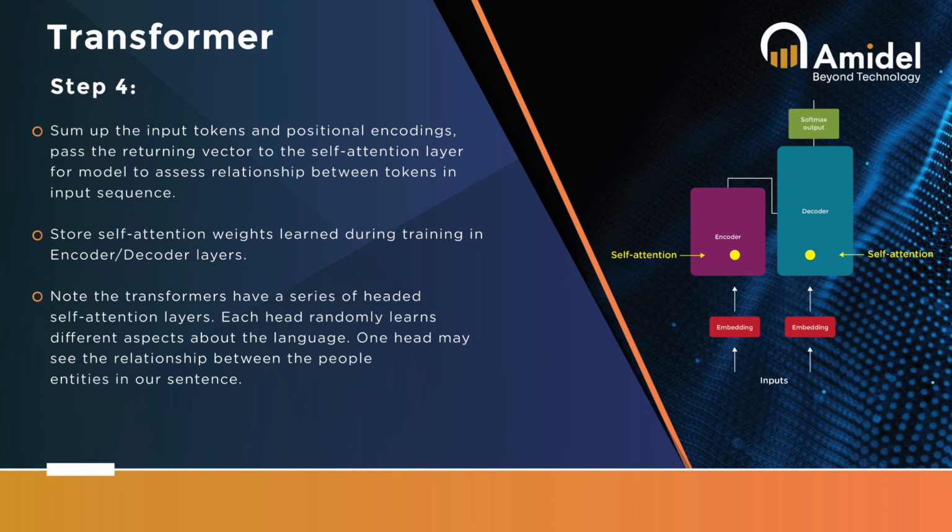Step 4, what happens in the model is we're creating a relation. We're finding the context of each word within the sentence, what each token means within the sequence, and the relevance of that token in that sequence.